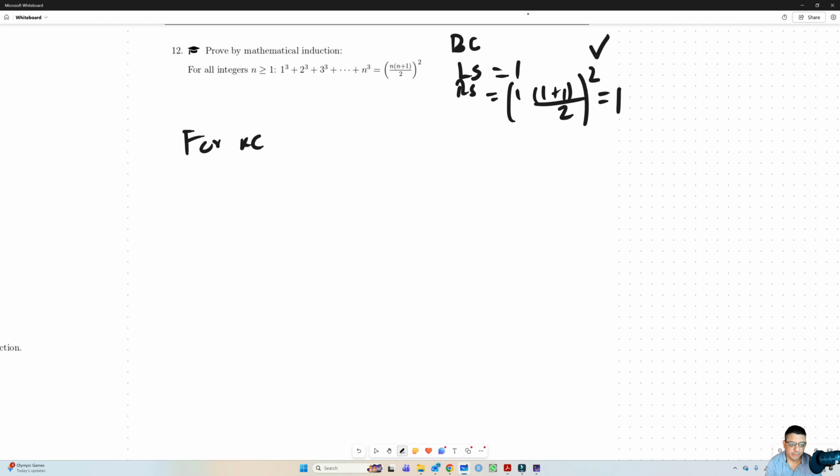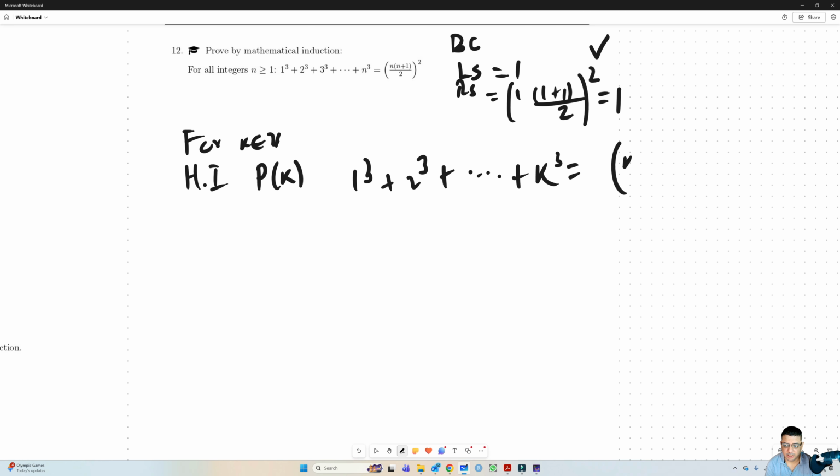Now, for k that belongs to the integers, we assume P of k, the hypothesis of induction, which will be that 1 cubed plus 2 cubed up to k cubed is equal to k times k plus 1 over 2, squared.